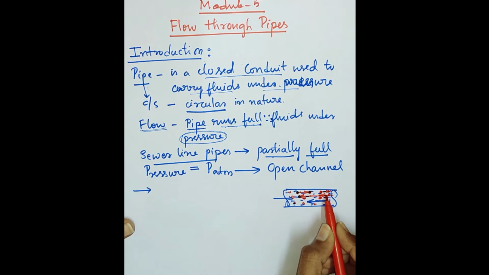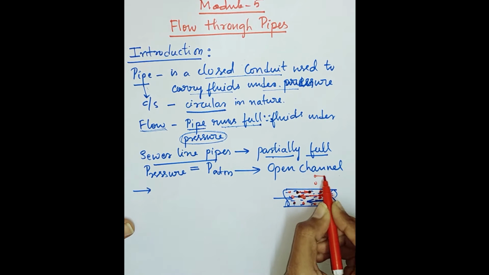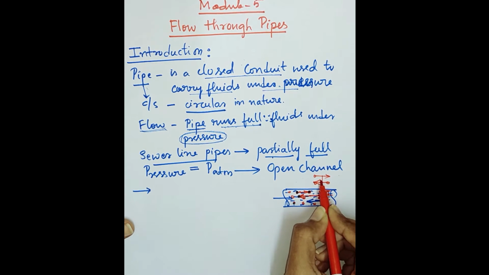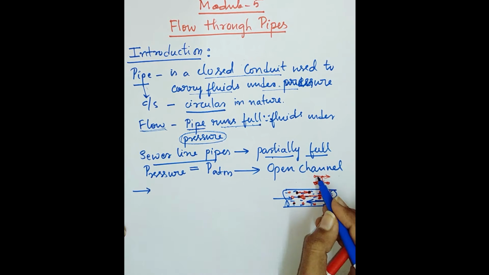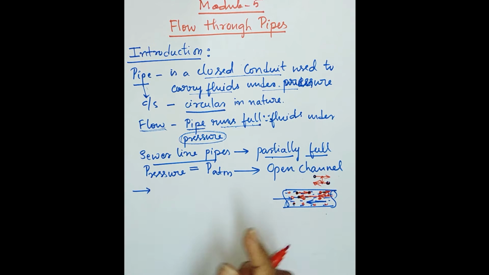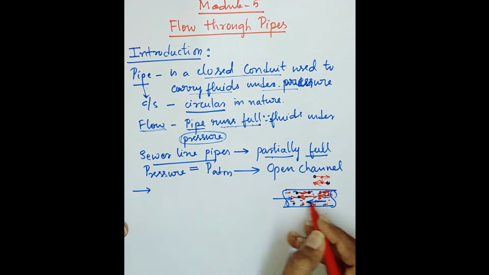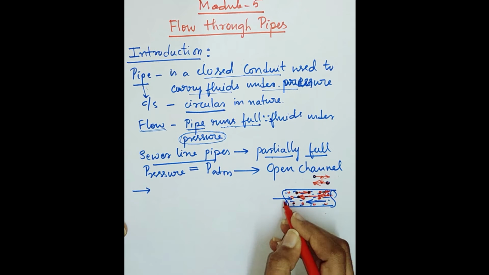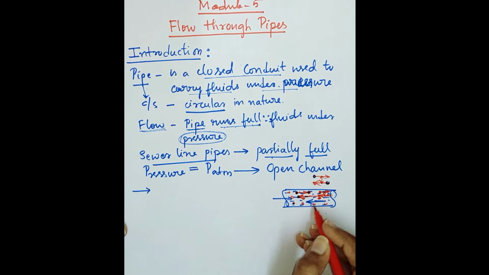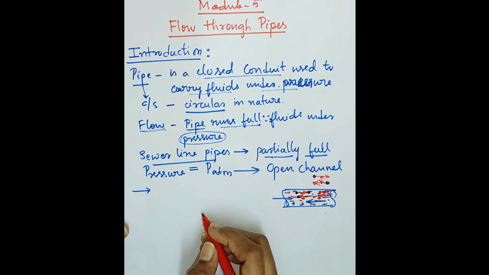So between them a shear force exists. If it is moving like this, this particle will be moving in this direction. So between these two particles a shear force is going to exist, and due to that, the fluid flowing inside the pipe will be subjected to certain resistance.